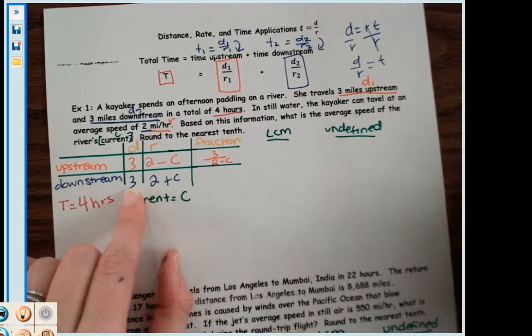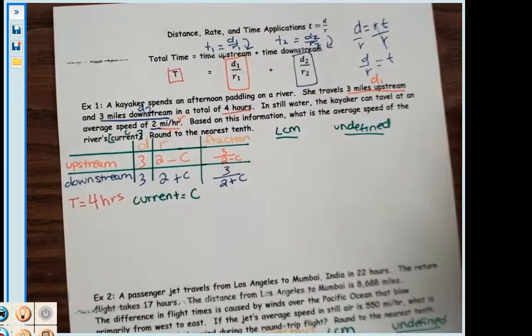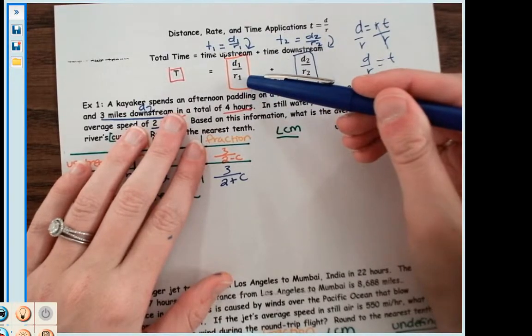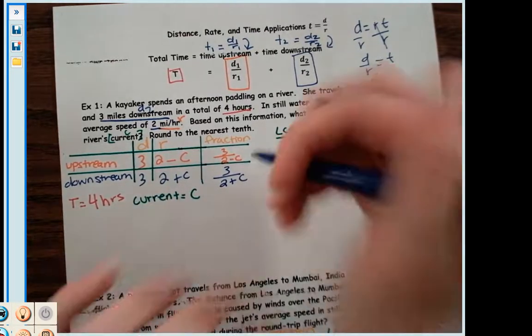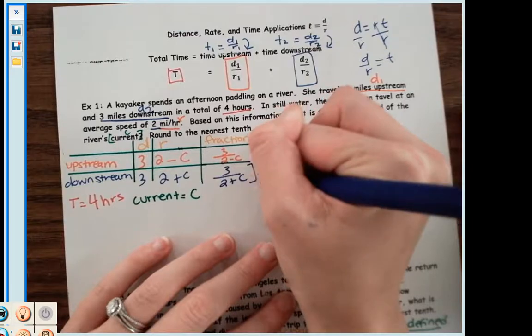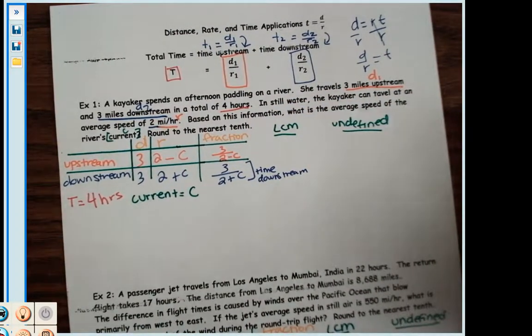So 3 over 2 plus c. Voila! All right, guys, so now I've got the fraction for our time upstream, and I have the fraction for our time downstream. So this is our time downstream. And this is our time upstream.